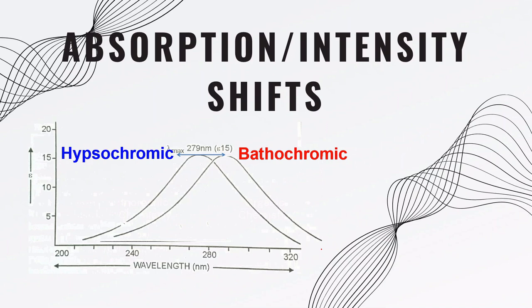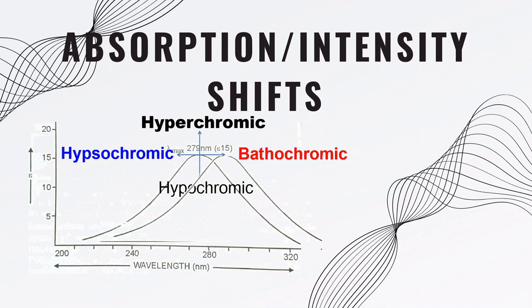It is also called blue shift because it is moved to shorter wavelength. Sometimes the band will be shifted in intensity. If lambda max is the same but epsilon max is increased, the intensity is increased, then it is called hyperchromic shift. If the intensity is decreased, that means the epsilon max value is decreased, then it is called hypochromic shift.